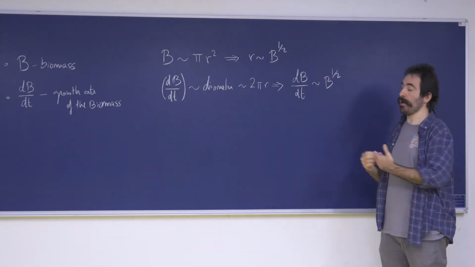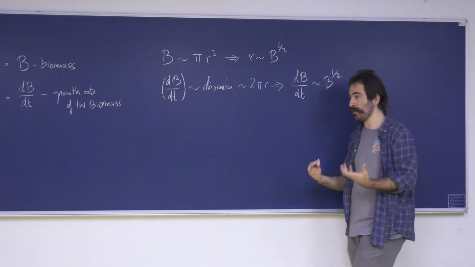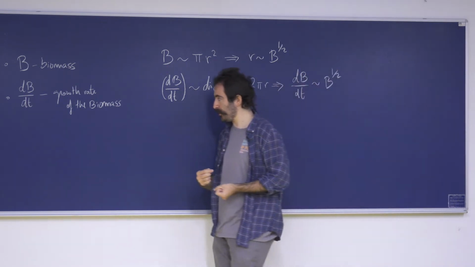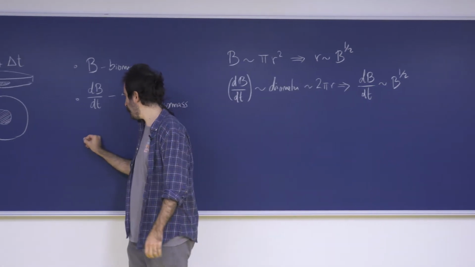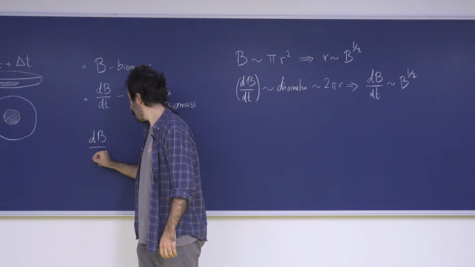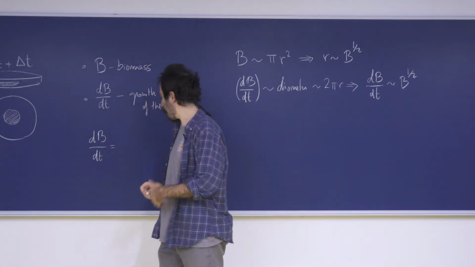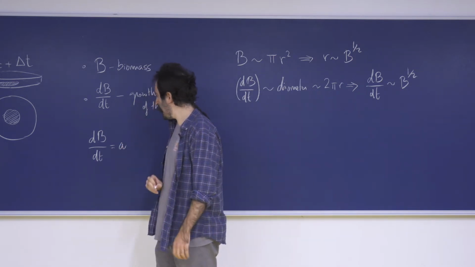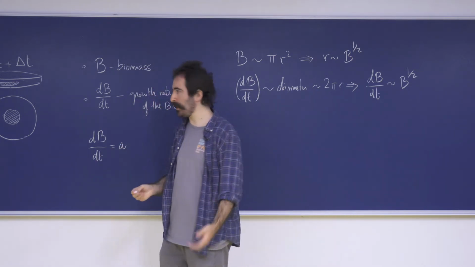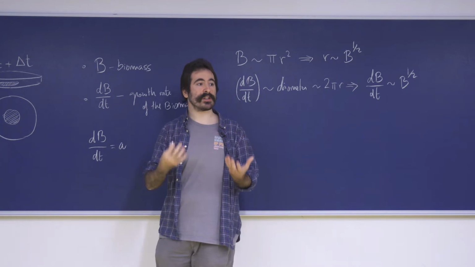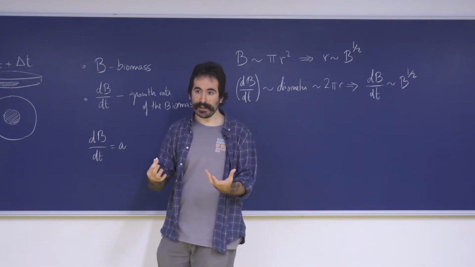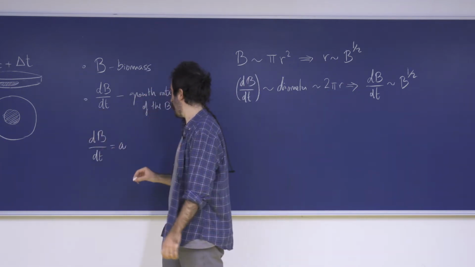And now we have our ordinary differential equation, and we are all about ordinary differential equations. Let us write down this equation again, only now I'm going to invoke a constant. This is a proportionality constant that can be adjusted with the different data plots that we can obtain from our experiment.